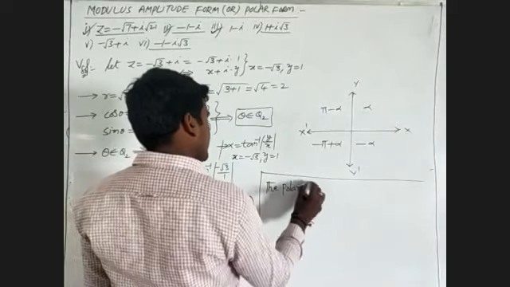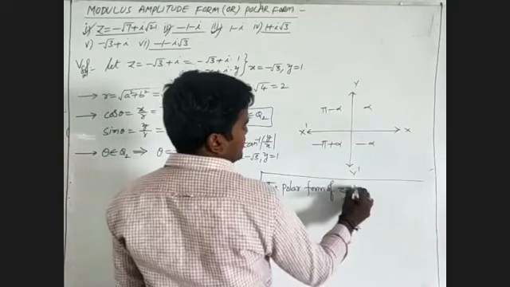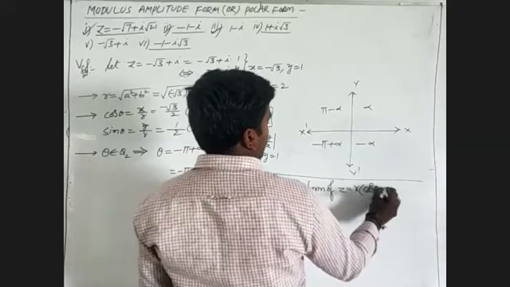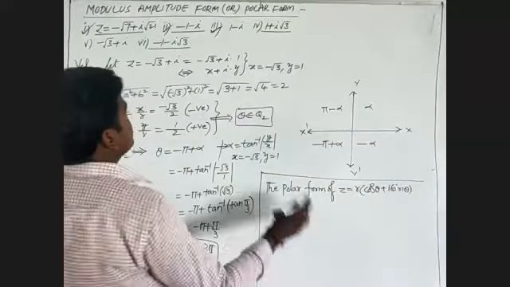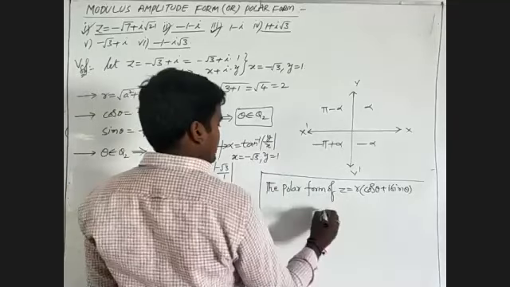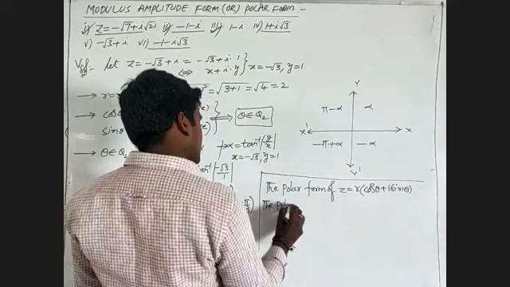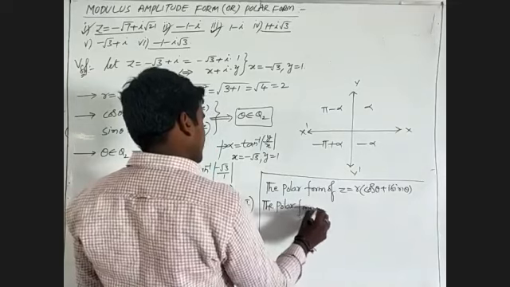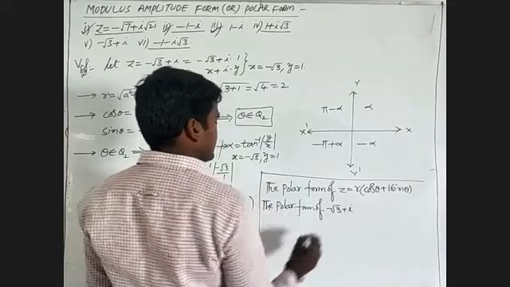The polar form of z is r into cos theta plus i sin theta, we will write, where z is nothing but minus root 3 plus i.